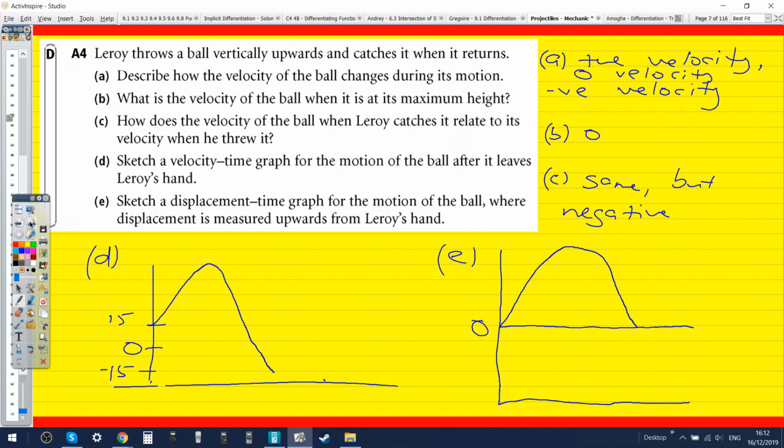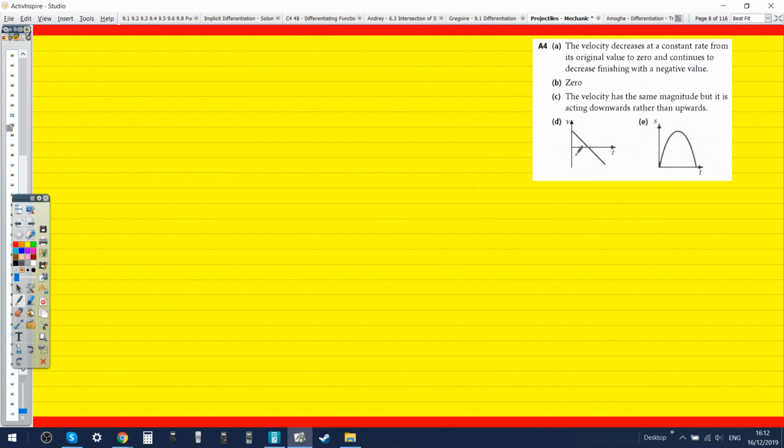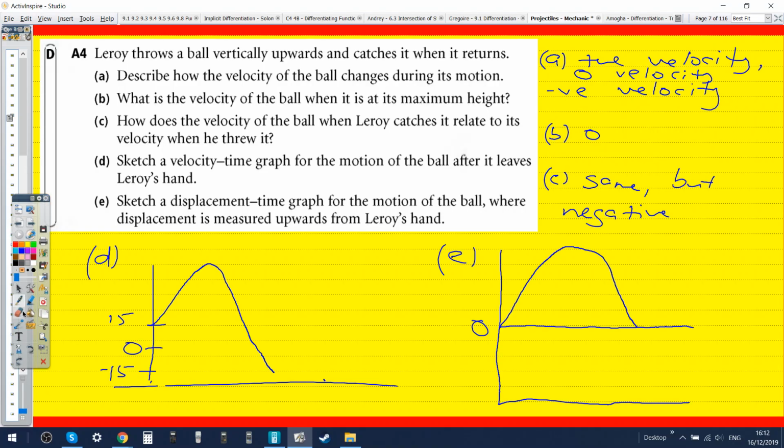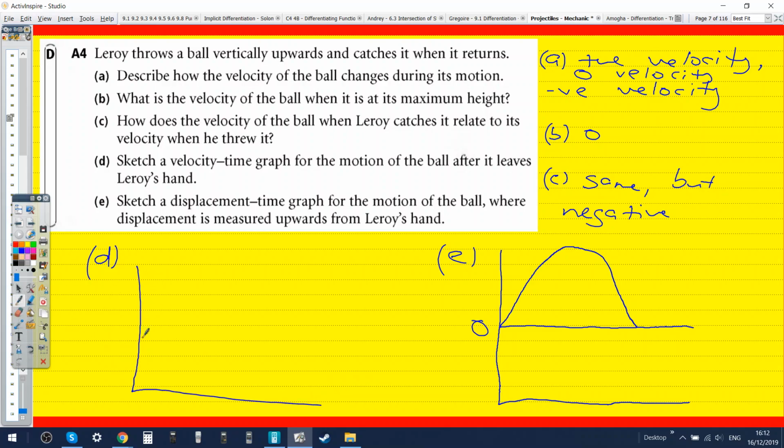Will it be a straight line or a curve though? That's a straight line. That's what it should look like. Because it constantly has gravity acting against it, and so it's always going to be slowing down. So that's minus 15. That's plus 15.